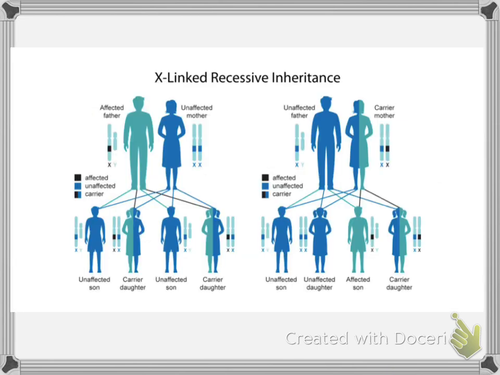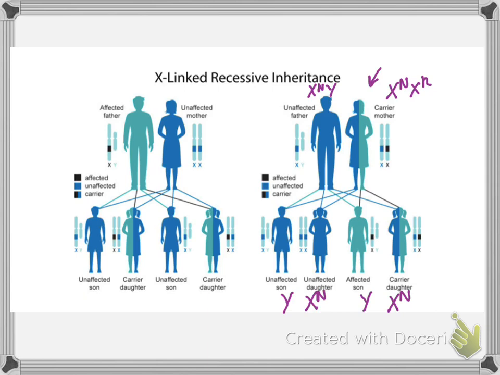So let's take a look at this picture right here. We're going to focus on this side. This is essentially our cross. We had a man who's unaffected, so he is X big N Y. And we have a carrier mother. She is heterozygous. Now, the dad gives an X chromosome to his daughters, and he gives a Y chromosome to his sons.